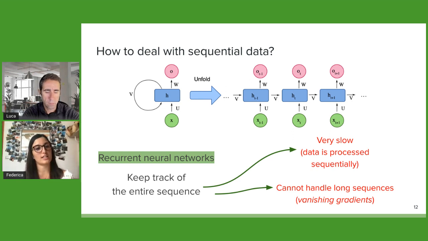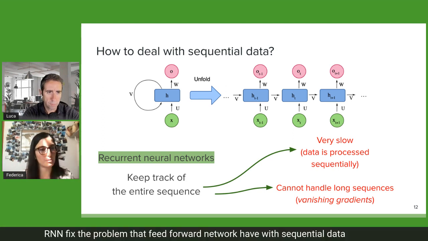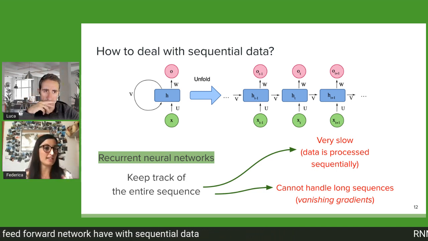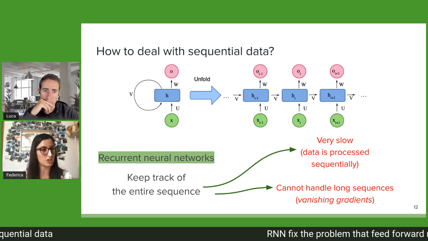These networks can keep track of the entire sequence. And how they do so is that they have this hidden state vector in which they store, this is a memory. We can say it is the memory of the network, because it stores the previous elements in the sequence, and so it learns the sequential data.